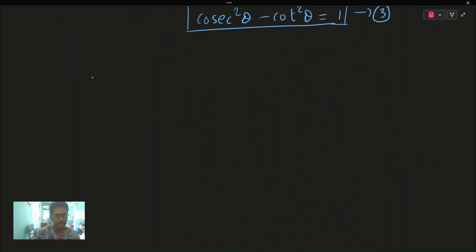So now let us see signs of trigonometric ratios, how they behave on a Cartesian system, I mean.